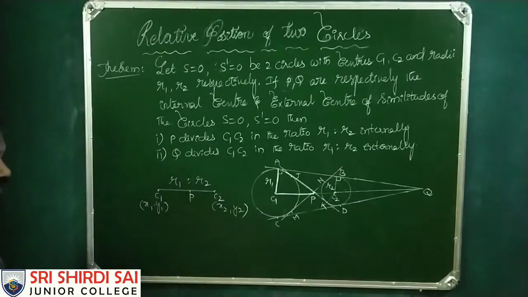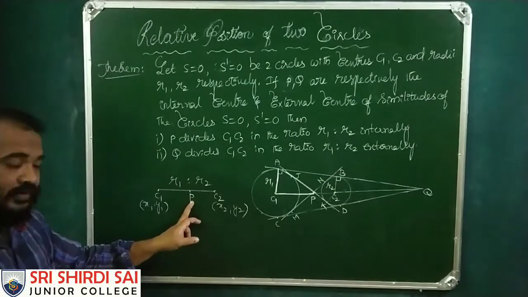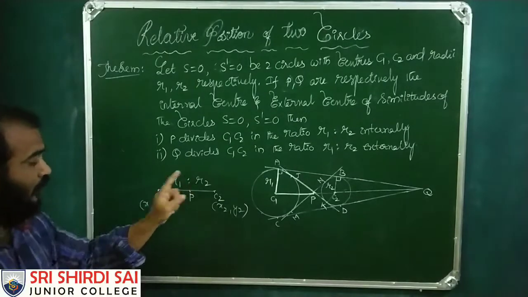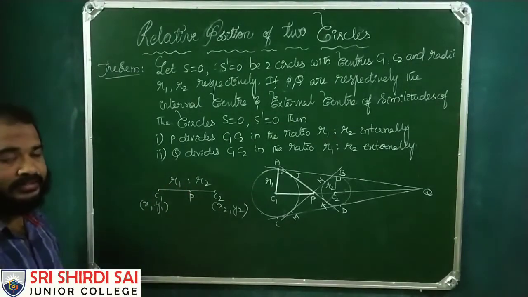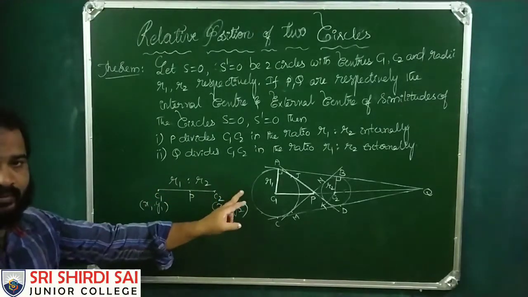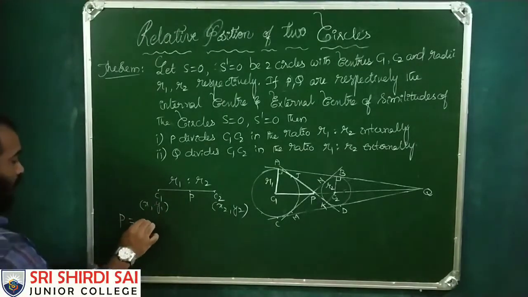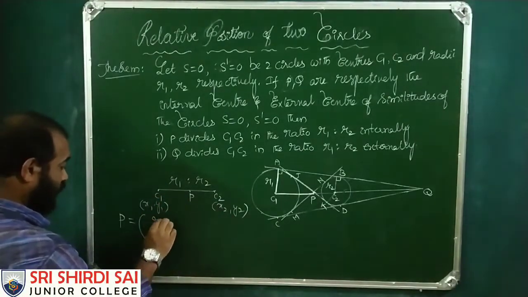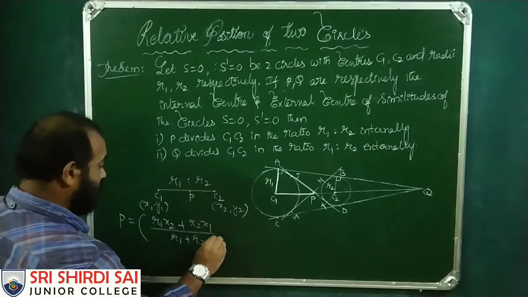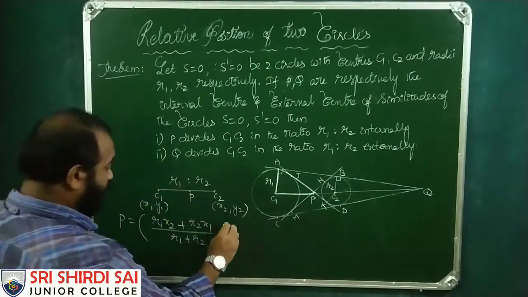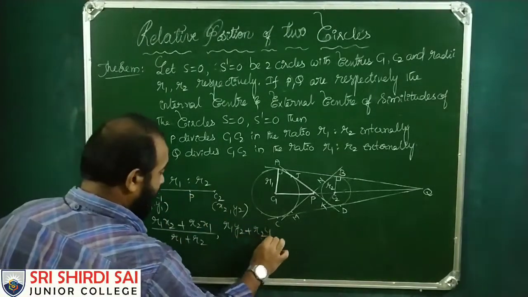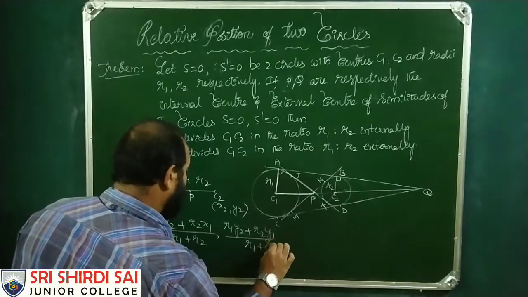In first year we learnt that if the point P divides AB in the ratio L is to M, then the point is (Lx2 plus Mx1 by L plus M, Ly2 plus My1 by L plus M). So P equals (R1x2 plus R2x1 by R1 plus R2, R1y2 plus R2y1 by R1 plus R2).